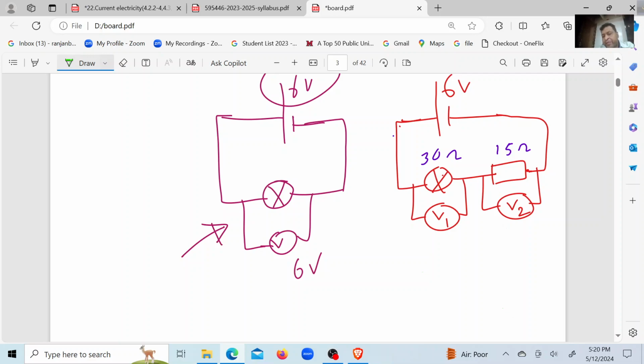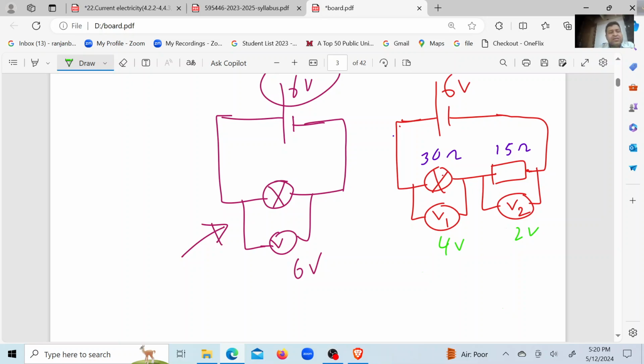If it is 1 volt, it will be 2 volt because the resistance ratio is 1 is to 2. But the problem is 2 plus 1 is 3, not 6. So try with the next value. If it is 2 volt, it will be 4 volt. So 4 plus 2 is 6.